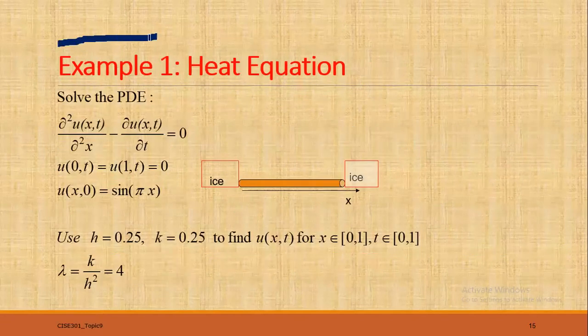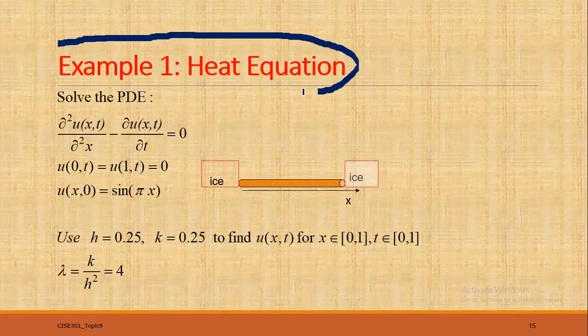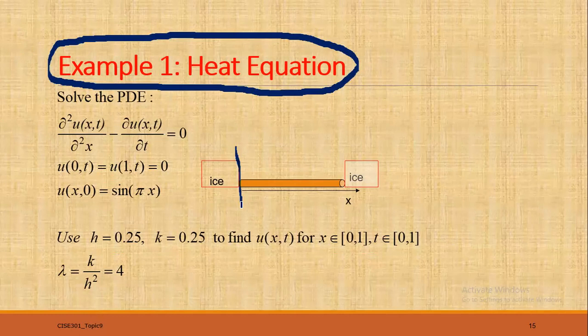Now, we discuss one simple problem, a heat equation. The rod has length x equal to 0 to x equal to 1.